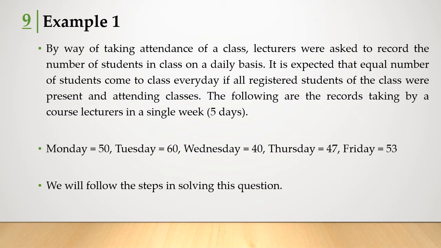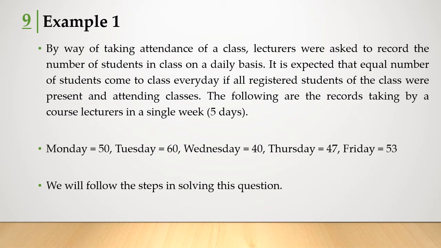Now, the unfortunate thing is that we cannot get an equal number every day in the class. Why? Because probably some will come today and will not come tomorrow, but the majority will come to class. We agree that the difference will be there, but is that difference big enough to say that it is not uniform?